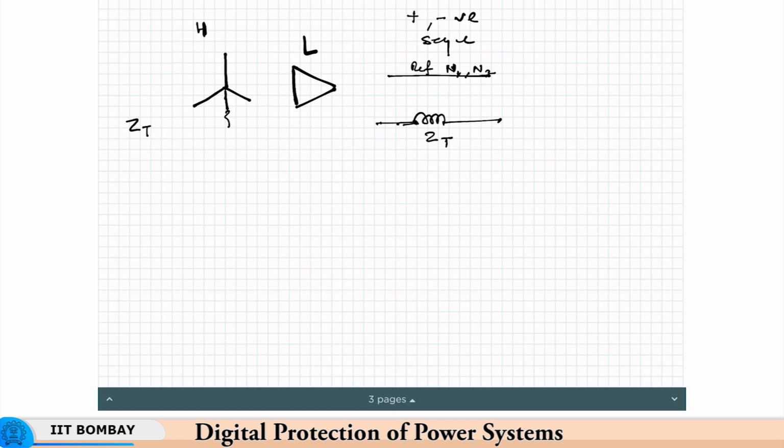However, zero sequence, in this case we saw that no zero sequence currents can flow in the connections to the delta. So, it will be open at this point here.